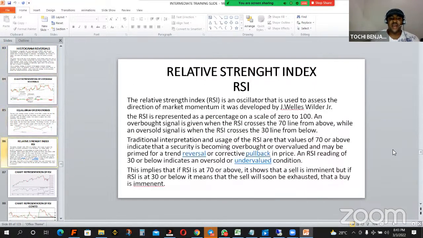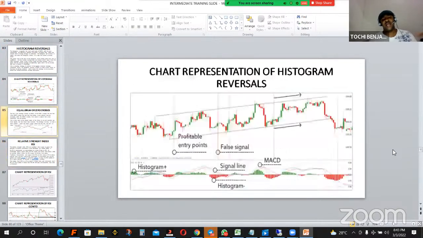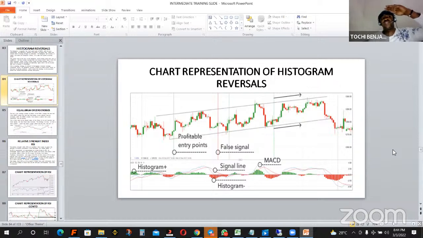relative strength index. J. Welles Wilder measured the whole of the chart, on any time frame at all, whether 1 minute, 10 minutes, 15 minutes, 1 hour, or 1 day. He said the chart is measured from 0 to 100.